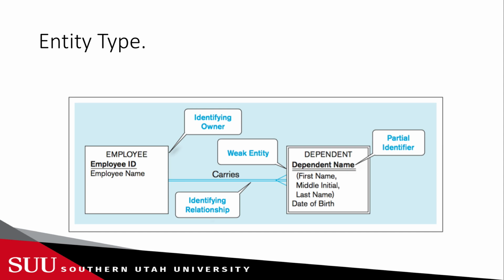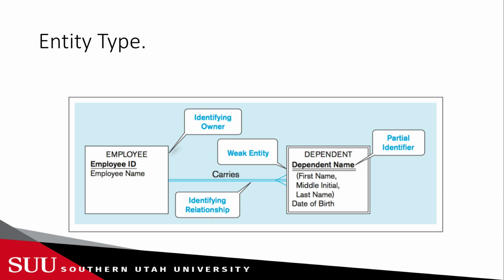But then if I say, okay, we have, let's say, Mary, who is the wife of Bob, but Bob is not an employee in my company. Can I have Mary as a dependent? If I place Mary as a dependent, then whose dependent is Mary? And that means this is a weak entity.